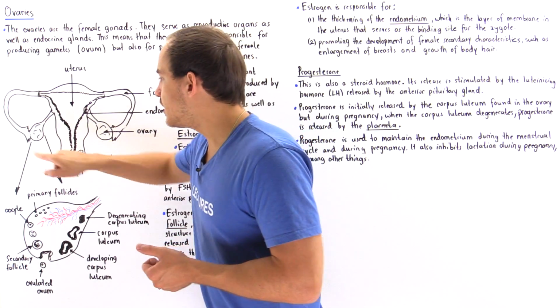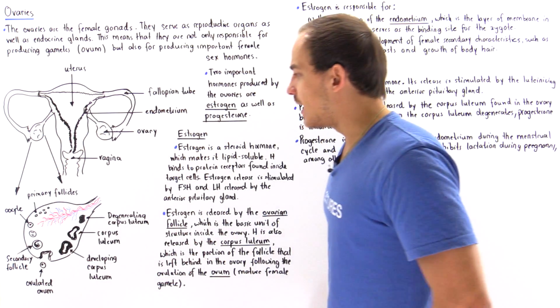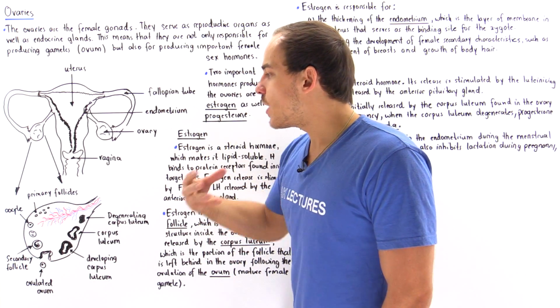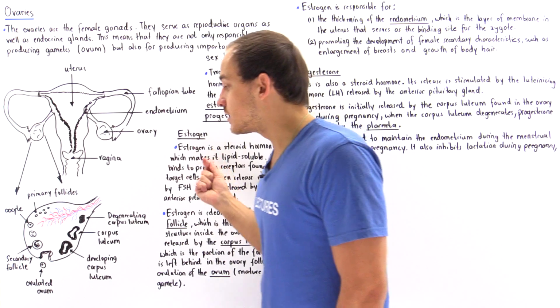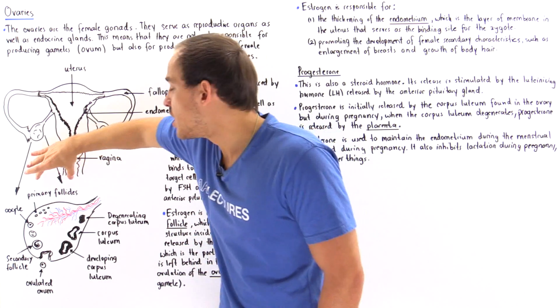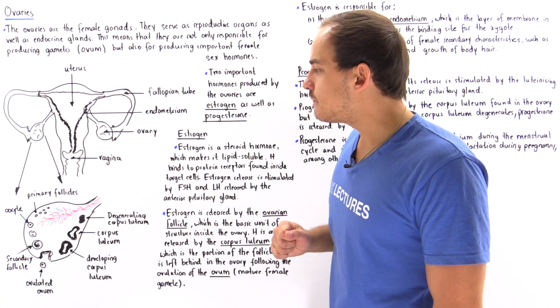So let's zoom in on our ovary. We basically get the following diagram. So this diagram basically describes the process by which our follicles mature into our ovum, into our egg cell. We begin with these tiny little dots known as the primary follicles.